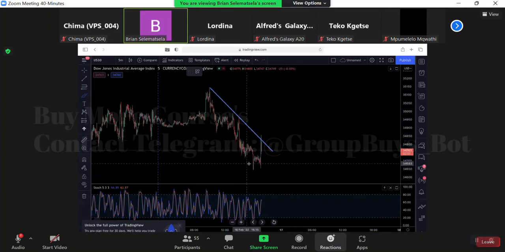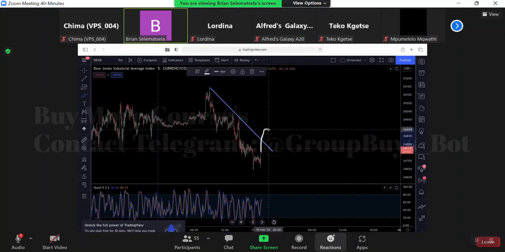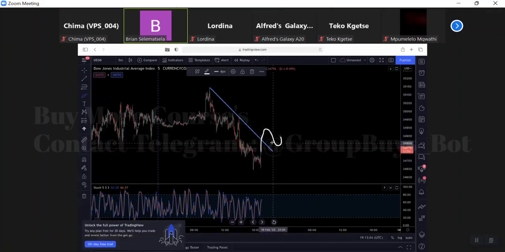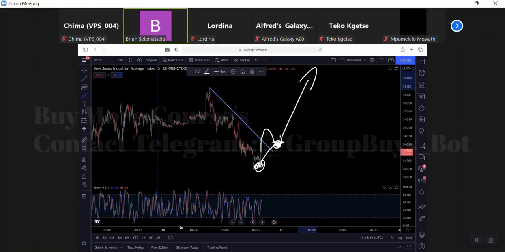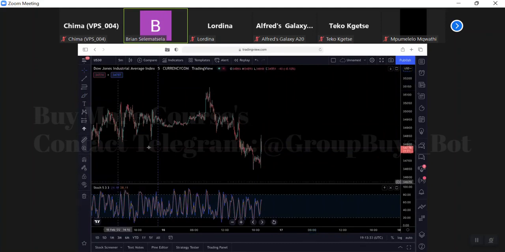So the best thing we can do is wait for it to close above so that we can spot divergence between this point and that point so that we can take it up like that. Just a matter of waiting here.